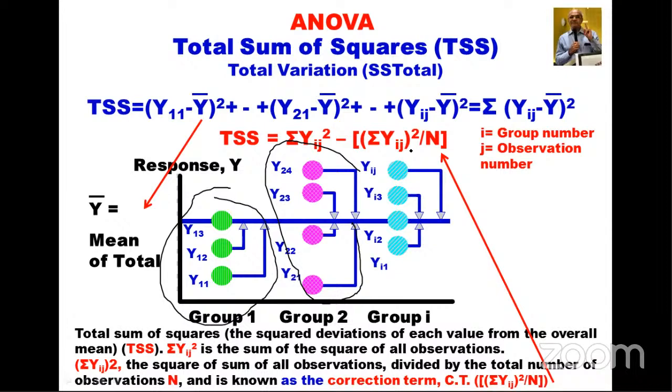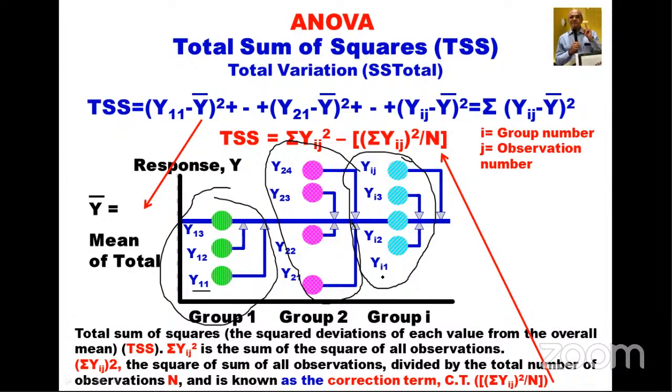Let's number the persons. In the first group, the first person is Y11, second person Y12, where the first index is the group and the second is the person number, Y13, and so on. This is the first group data. Similarly for the second group, Y21, Y22, Y23, Y24, up to Y2N2.